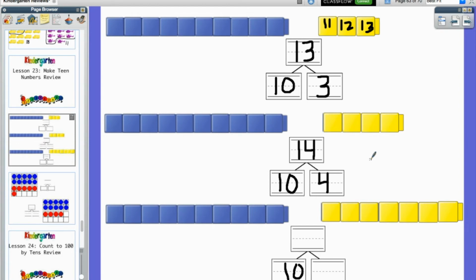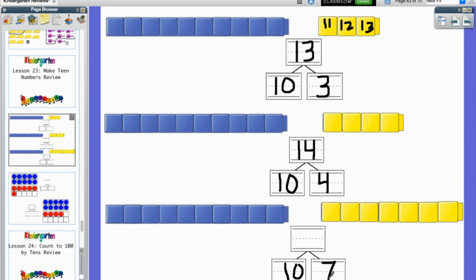We've got one more picture to look at. We have a group of 10. How many yellow cubes do we have? Let's count them. 1, 2, 3, 4, 5, 6, 7.